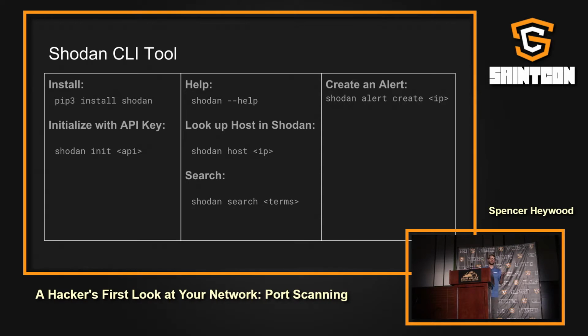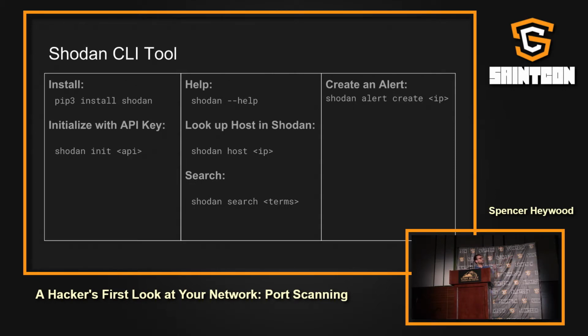Education gets a large discount on the features that are available. And then there are some other helpful Shodan command line tools. Again, John Matherly releases helpful hints on how to use Shodan, so I would recommend checking that out as well.